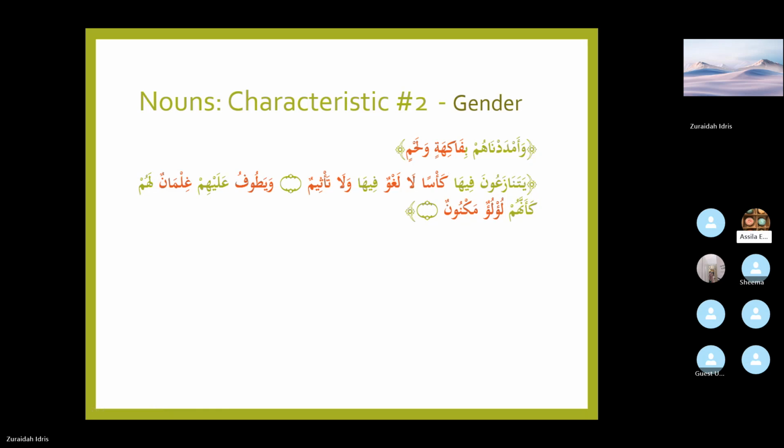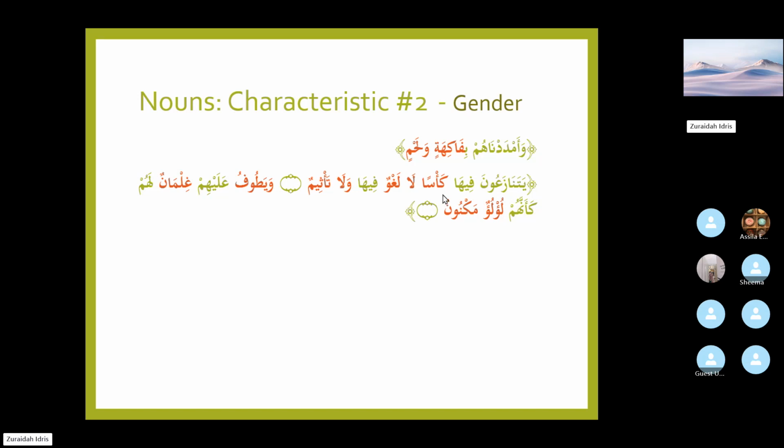Because of the ta marbuta, it makes it feminine. Yes, it is feminine. And in this case? Wallahm. Oh, okay. This is also isim, nakira and masculine. Yeah, there's no sign. Good.